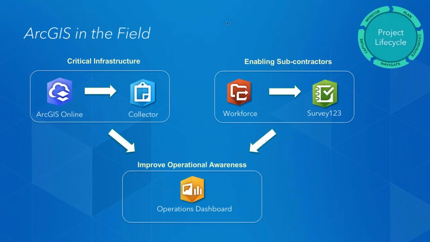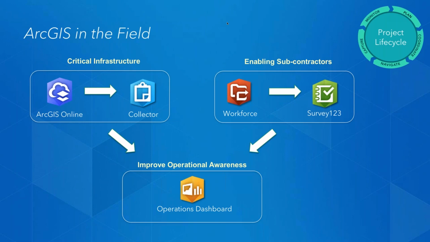So the last thing I wanted to talk about, and just summarize this up, is that we focused today on ArcGIS being used in the field. And as you can see, there's a number of ways that you can pair apps together through the project lifecycle. Workforce is really about that coordination between the office and the field.